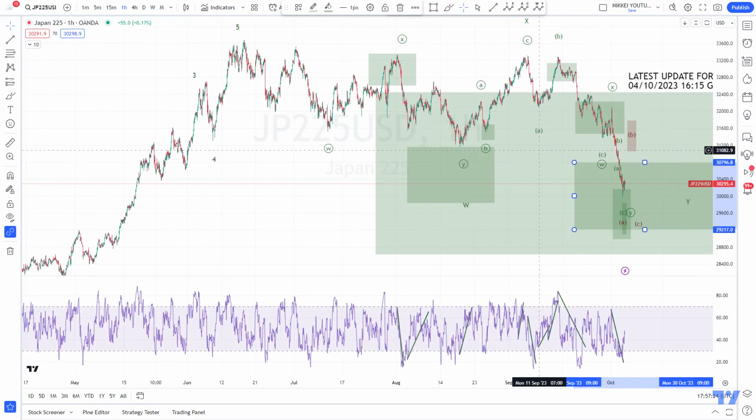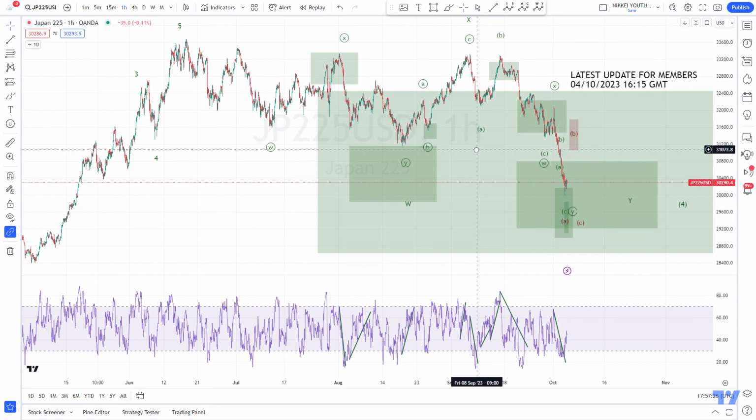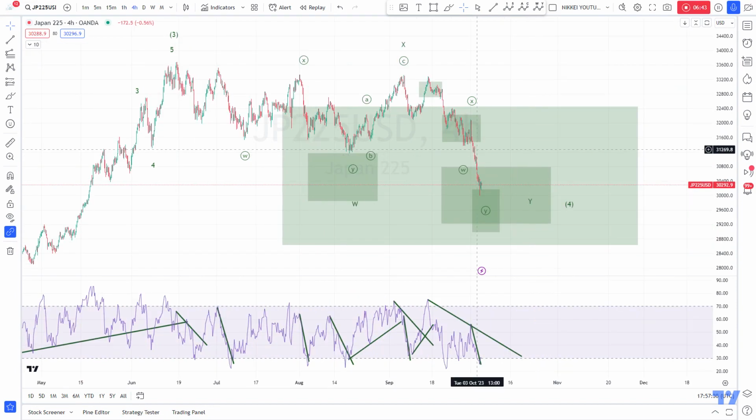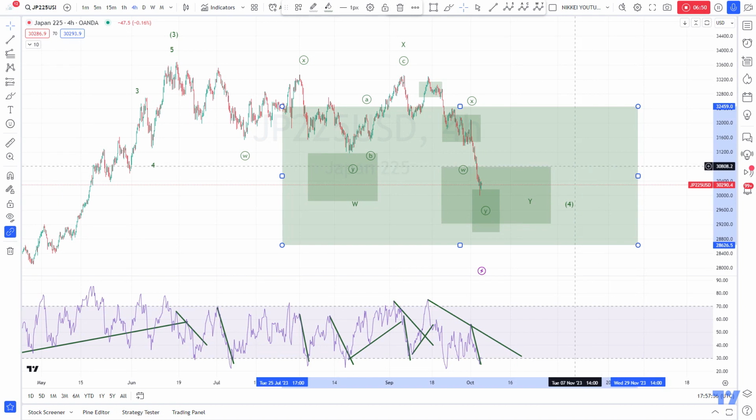So I believe this is a bit how it will play out with the Nikkei. But this is all under the condition, of course, that we are doing a wave 4 here. And actually, there is not much space left, let's say, for additional corrective structures. So it's a bit now or never for the Nikkei, I would say.